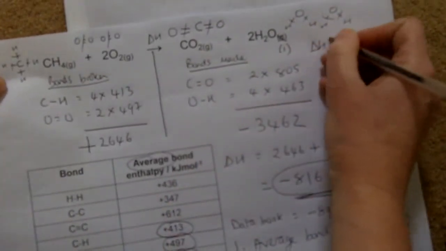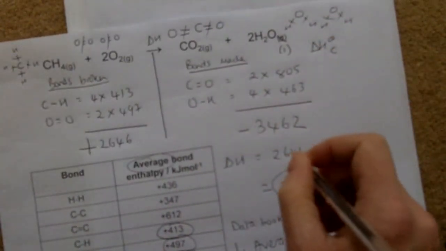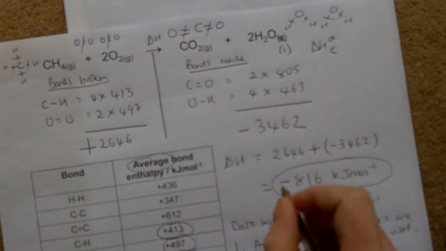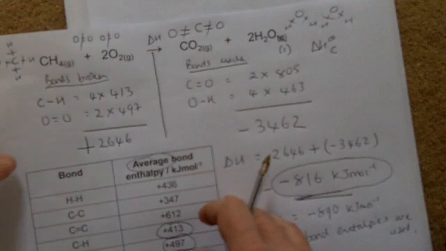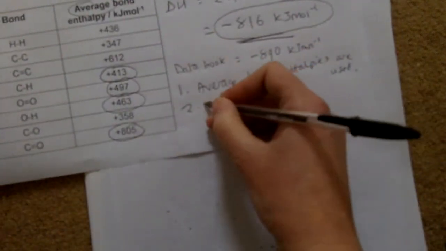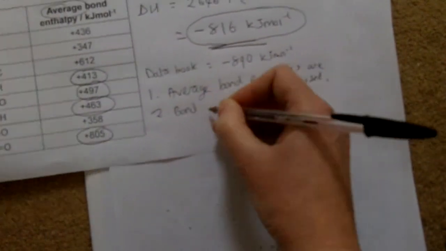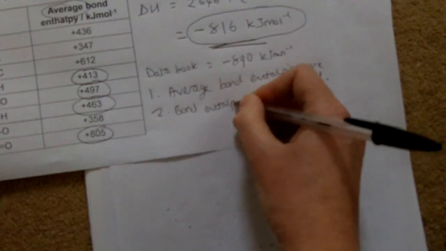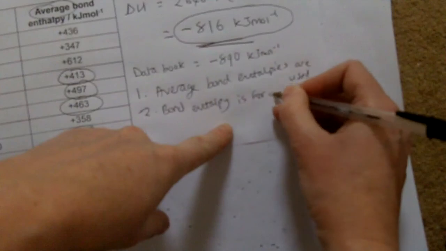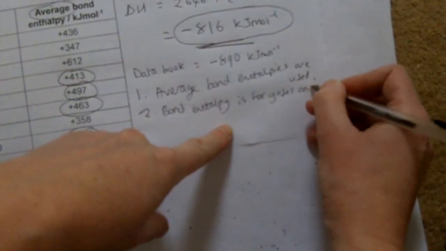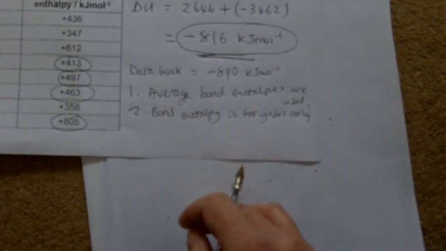For the standard enthalpy change of combustion, everything needs to be in its standard state. So another reason why it's not accurate is that bond enthalpy is for gases only, and we're using it for something that's not gaseous. It's for gases only.